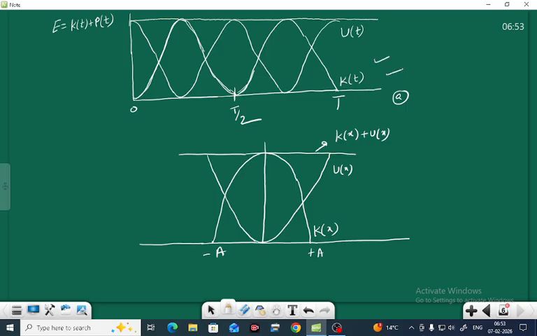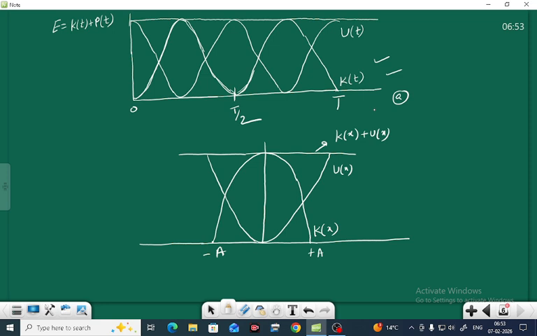as a function of time. You see, this is a function of time of a particle in SHM. The kinetic energy and potential energy both repeat after a period of T by 2.